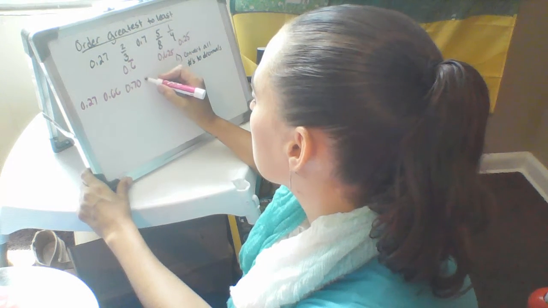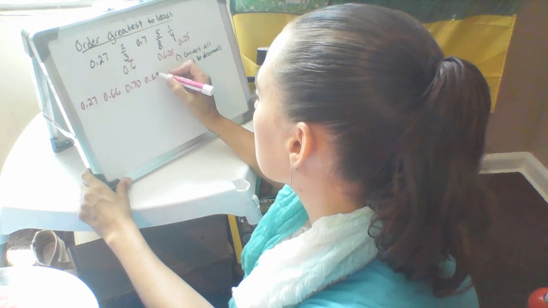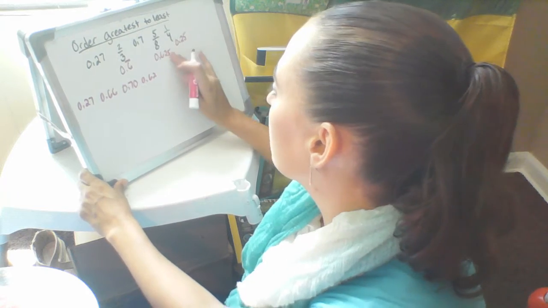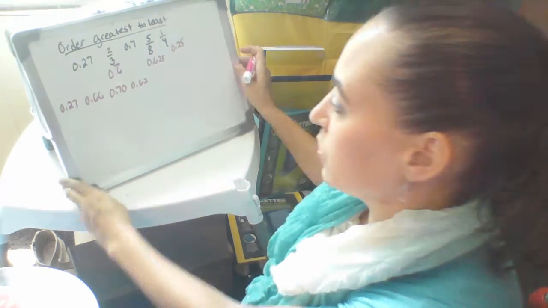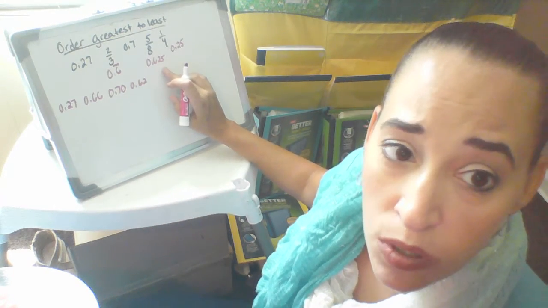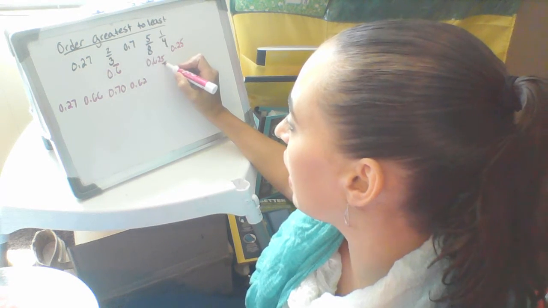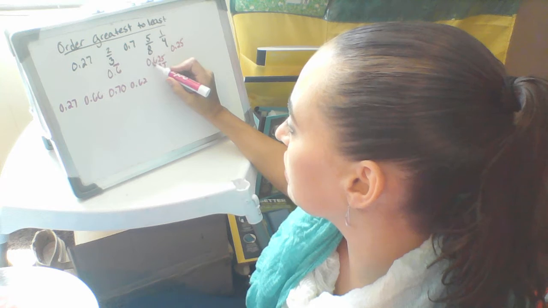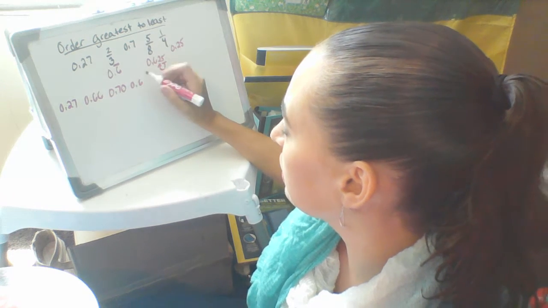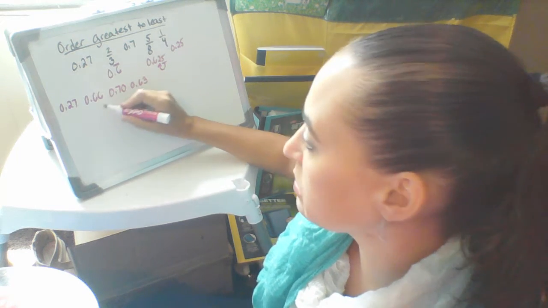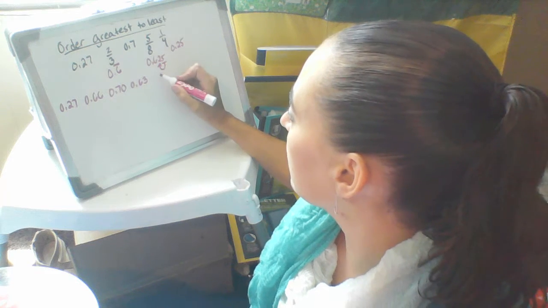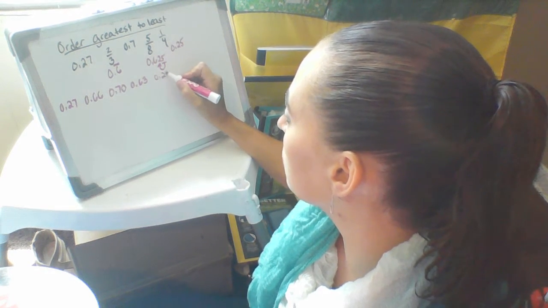This one is 0.625. This one goes out 3 decimals. So what we're going to do is, 5 and above, you give it a shove. So this is a 5, so I'm going to make this 0.63 to make it only go out 2 decimals like the rest of them. And then we have 0.25.